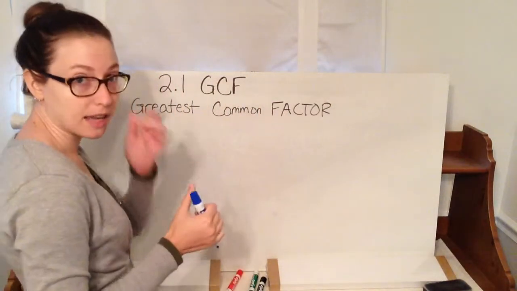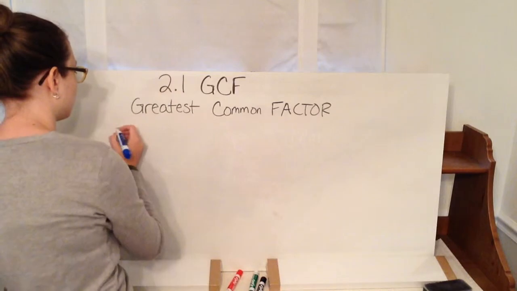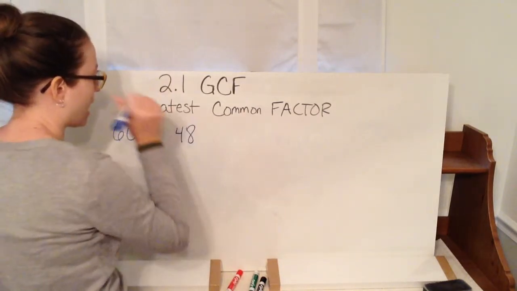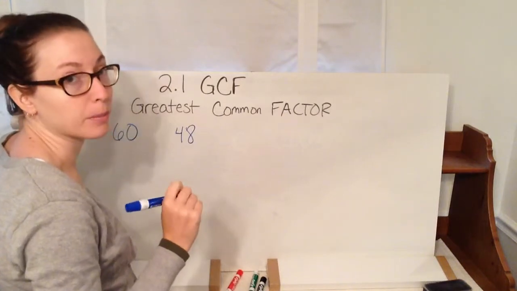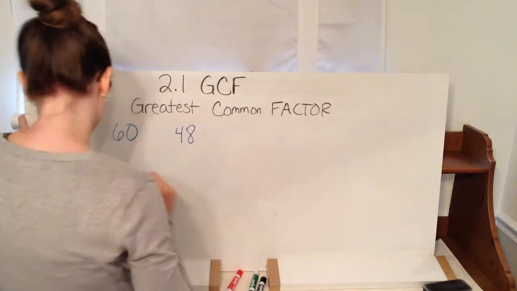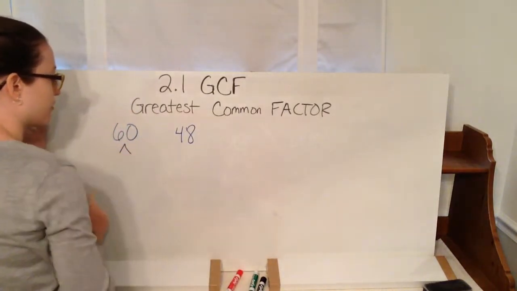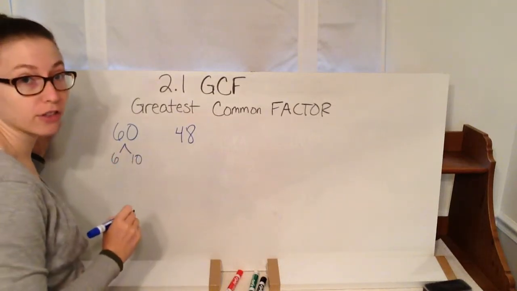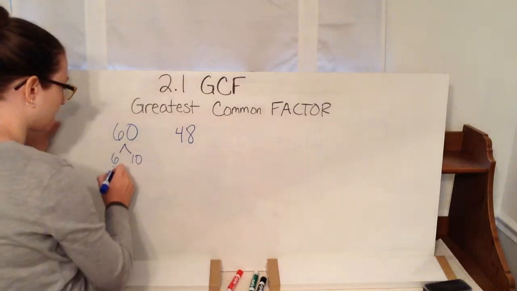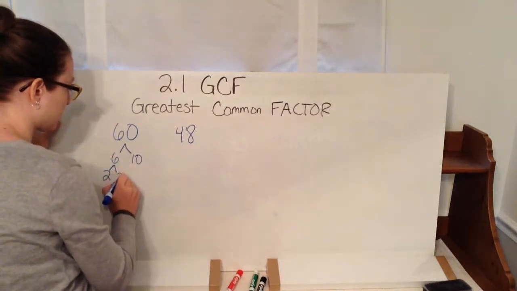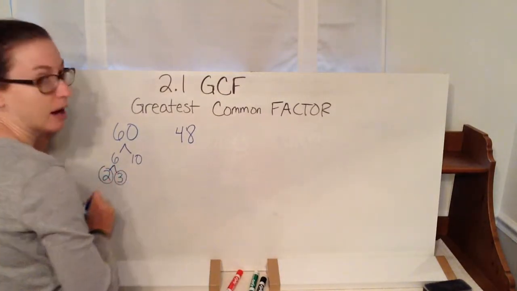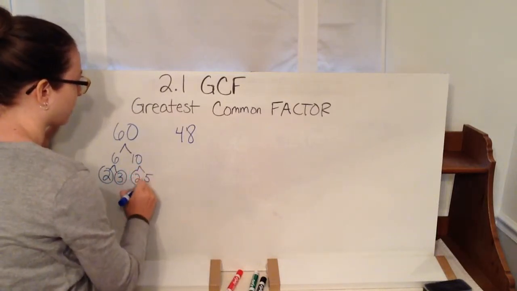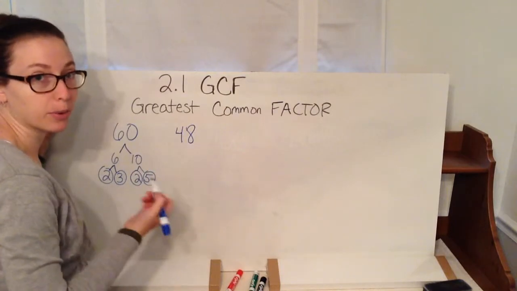Again, we'll start this the same way we were working on the other ones, and that is by finding the prime factorization of each. Okay, so 60 factors down to 6 and 10. Neither of those are prime, so I need to keep working. 6 is 2 times 3, which are both prime now, and 10 is 2 times 5, which are also both now prime.